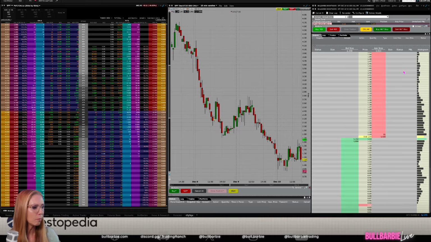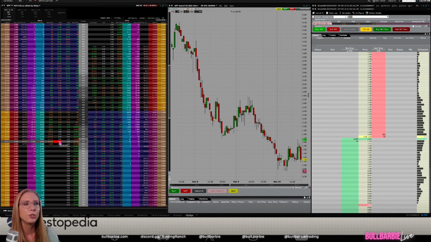This doesn't happen a ton with index options, but basically the contract has the expiration date. We're looking at the ones that expire today, December 10th. At the end of the day, if it is below the closing price, it's going to be worth nothing. So if you're still holding that at the end of the day, the value is nothing.